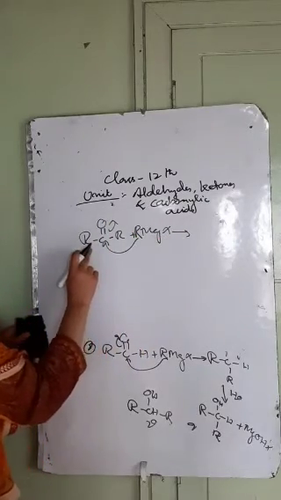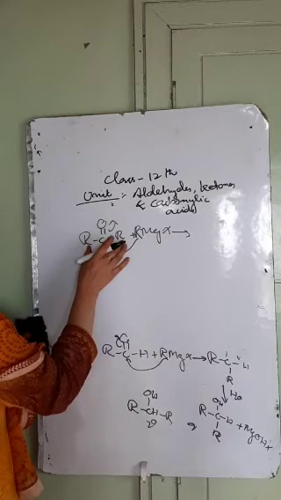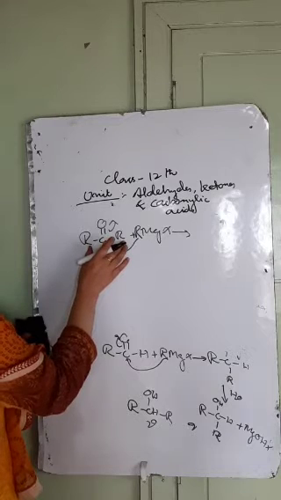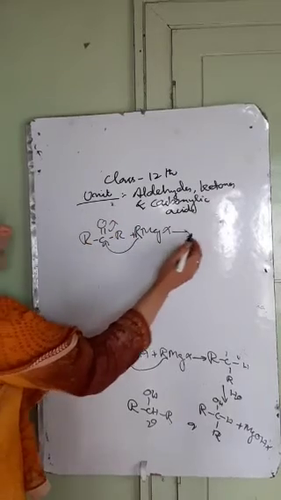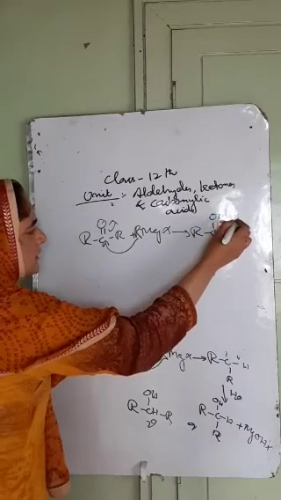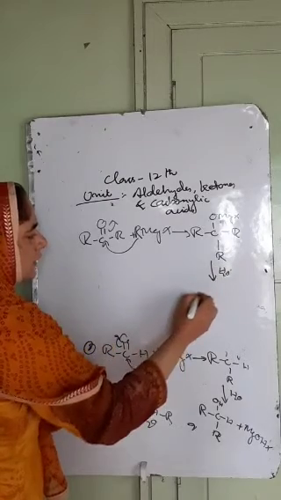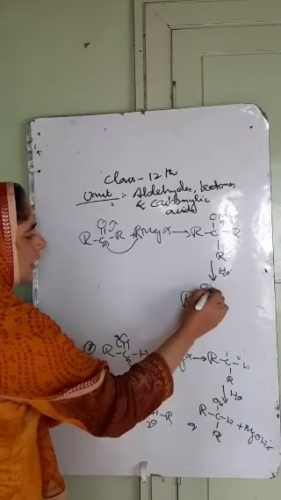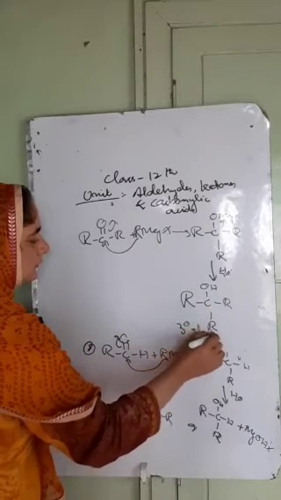But here, in case of formaldehyde we have two hydrogen atoms, in case of aldehydes we have R and H, and in case of ketones we have R and R groups. The alkyl groups and hydrogens do not react; only this functional group undergoes the reaction. We have R, C, OMgX, R and R, which upon hydrolysis with H2O results in the formation of RC, OH, R and R, which is a tertiary (3-degree) alcohol.